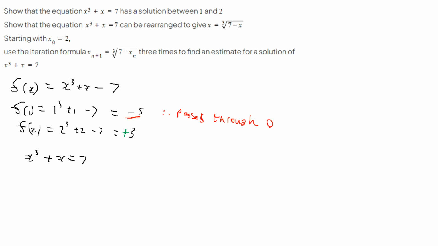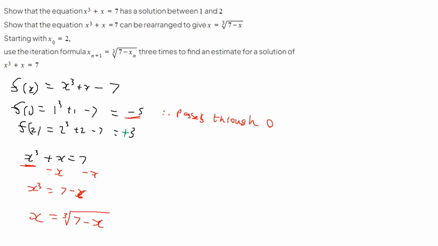Put the x on the other side. We want to make x cubed the subject, so we minus x, and we're left with x cubed is equal to 7 minus x. And then remember, this is x cubed, so we're going to cube root it. So x is equal to the cube root of 7 minus x.